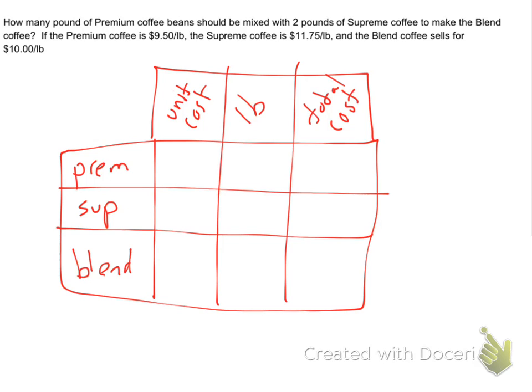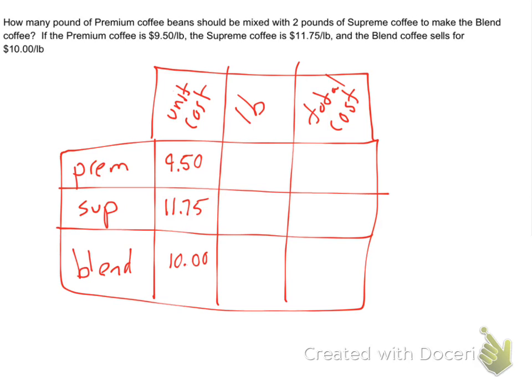Okay? So, what's the unit price of the premium? $9.50. Okay. Supreme? $11.75. And our blended, what happens to be evened out at $10 a pound.